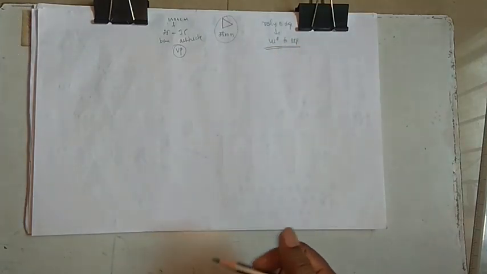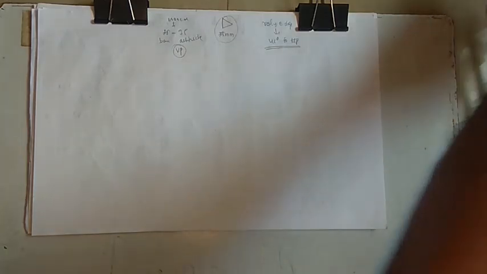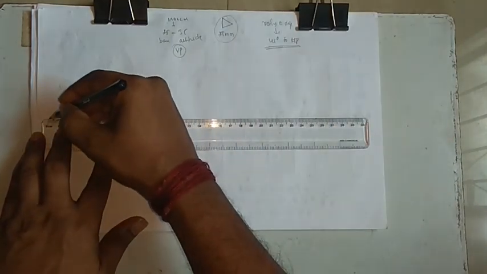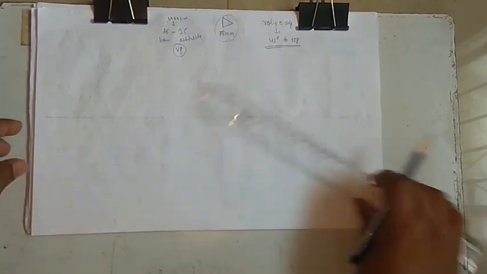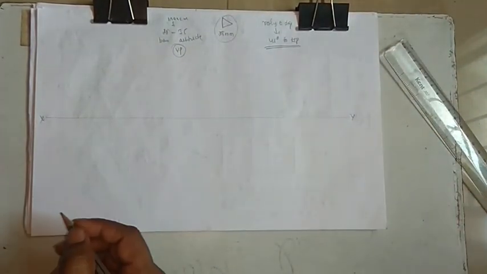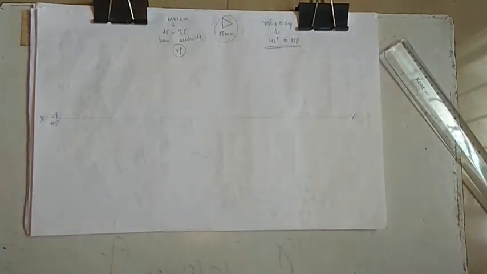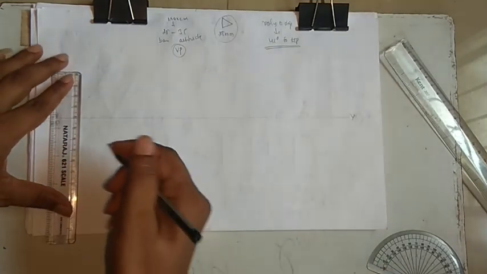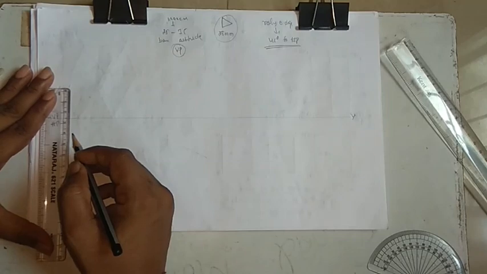But now, it looks like an equilateral triangle in the front view, so the isosceles triangle should be placed in such a way that it looks like an equilateral triangle. To construct an isosceles triangle resting on the side, it should be touching the xy line because it is so placed.